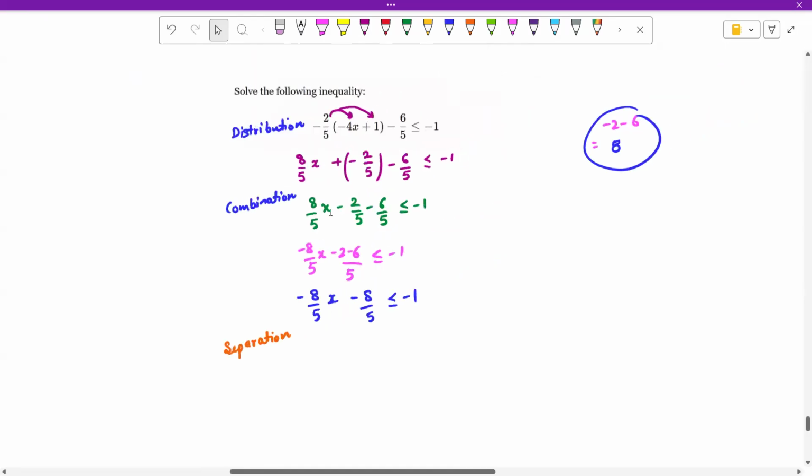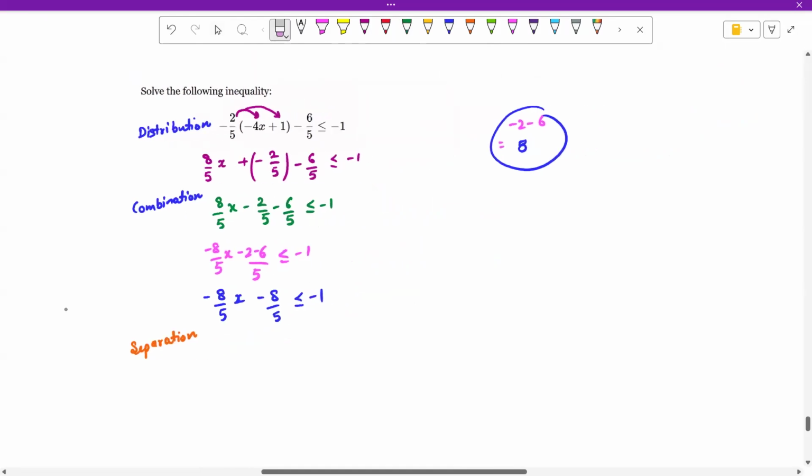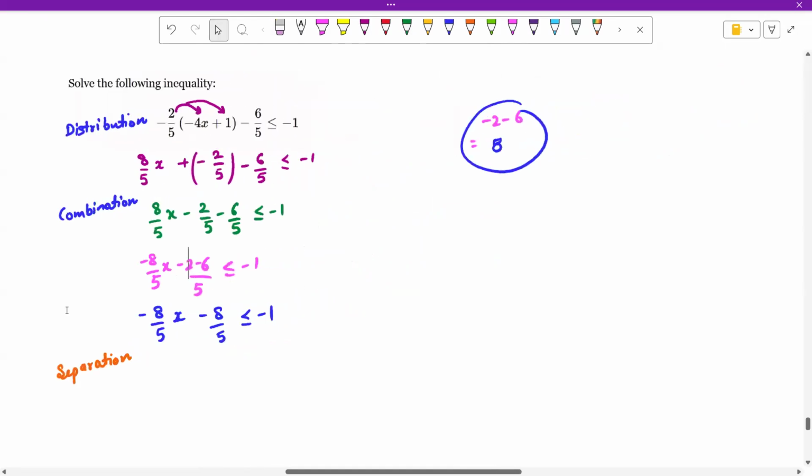Here, no rearranging was needed because the terms were already together. Which ones are in every equation, no matter what? The latter ones are in every equation, like separating and isolating them. That's everywhere. Many times combination is also there, but it depends on the question. The earlier steps are not mandatory, but the later ones are always there.